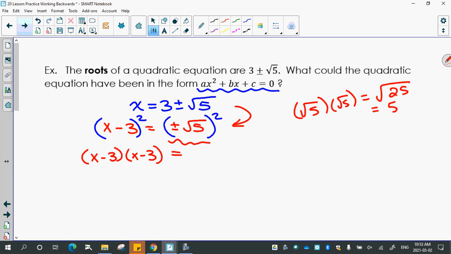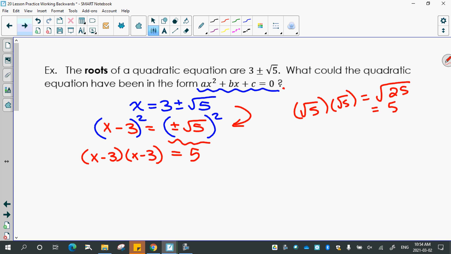So this squared undoes the square root. The squared undoes the square root. Okay, and it doesn't matter, like positive root 5 times positive root 5 is root 25, negative root 5 times negative root 5, and negative times a negative is also positive, so it doesn't matter. Okay? The squared undoes the square root and the plus or minus.